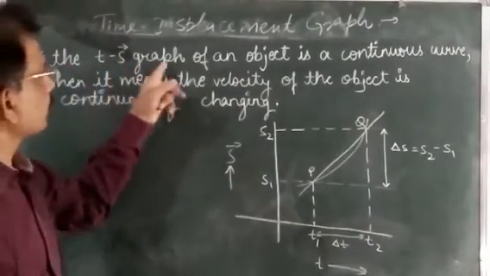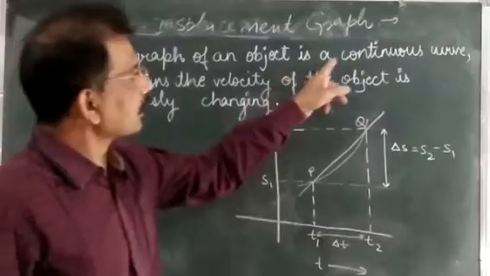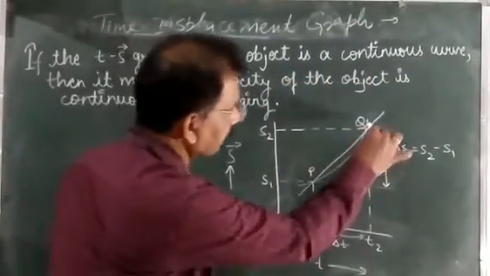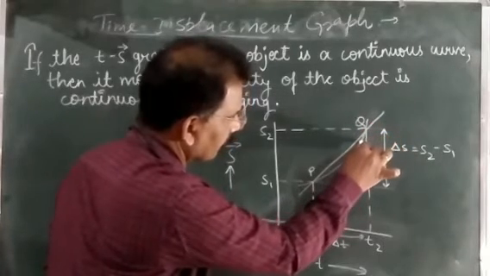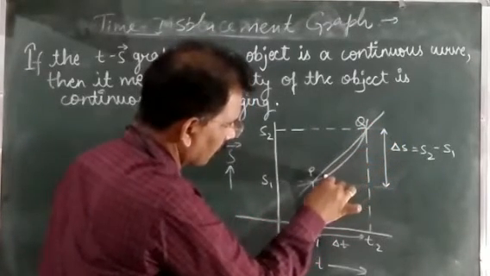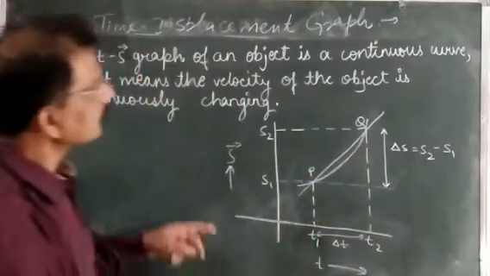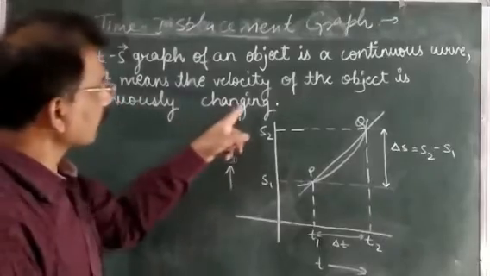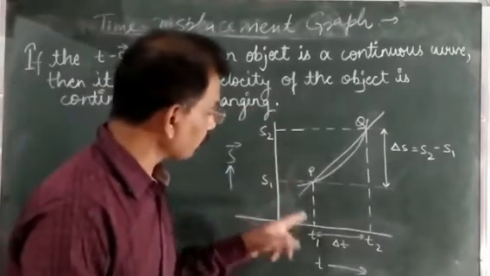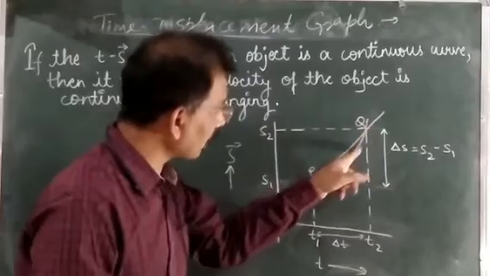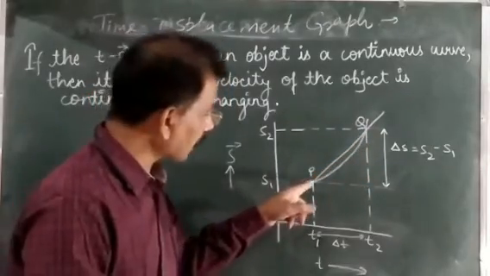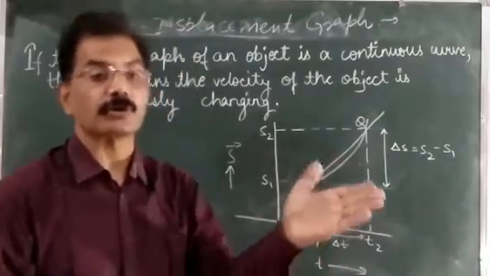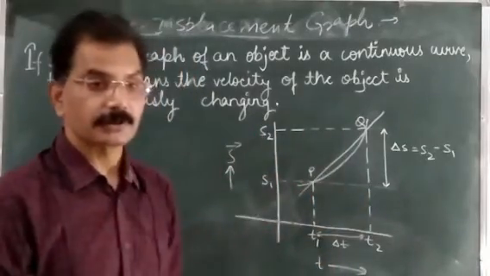If the time displacement graph of an object is a continuous curve, not a straight line, suppose this graph is a continuous curve, then it means the velocity of the object is continuously changing. Why? Because if the time displacement graph is a continuous curve, the slope will be different at every point of the curve. If the slope is different, the velocity will also be different.